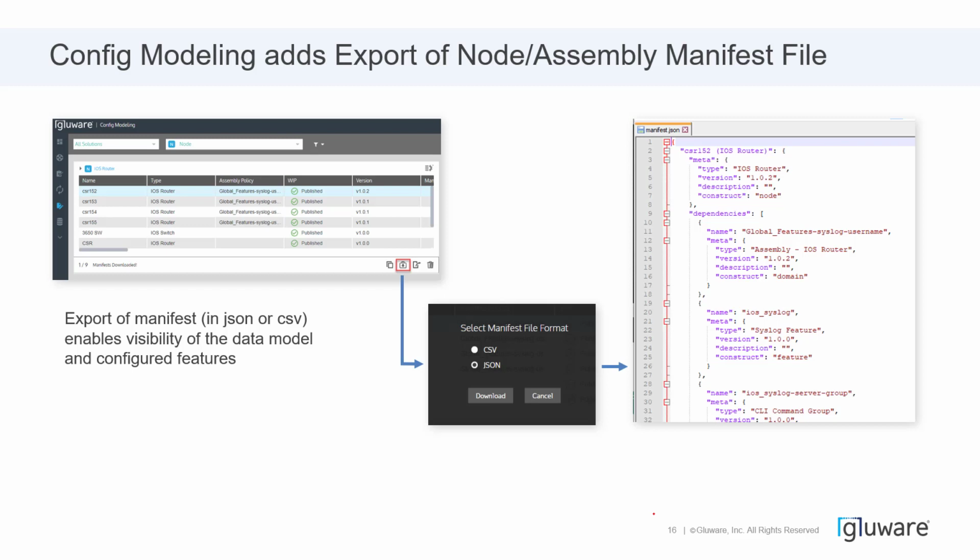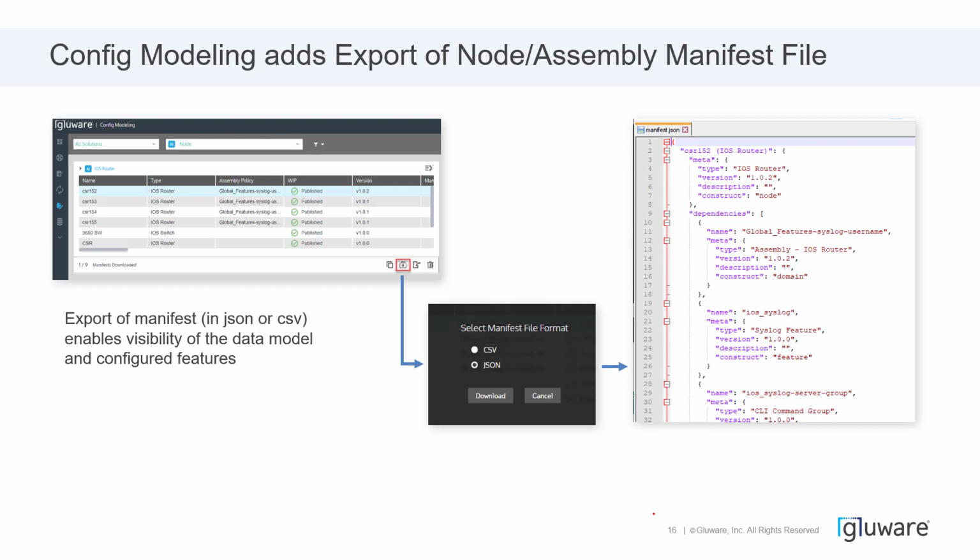However, customers are asking for Gluware to be more open to share and make that available. So prior to 4.1, for all of the features, you could view the JSON feature and see the rendering when it was populated with the data model and policy configured.